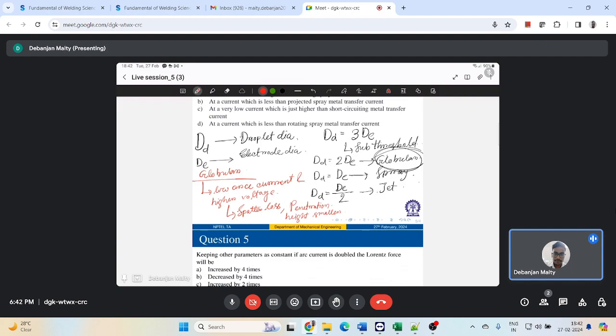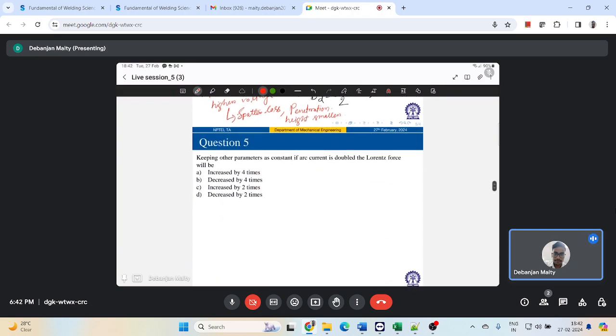Whenever it is forming, the deposition rate over your workpiece will be higher in spray metal transfer, right? And those will be a continuous phase, and that occurs at high current and lower voltage. So that is just opposite to globular transfer.